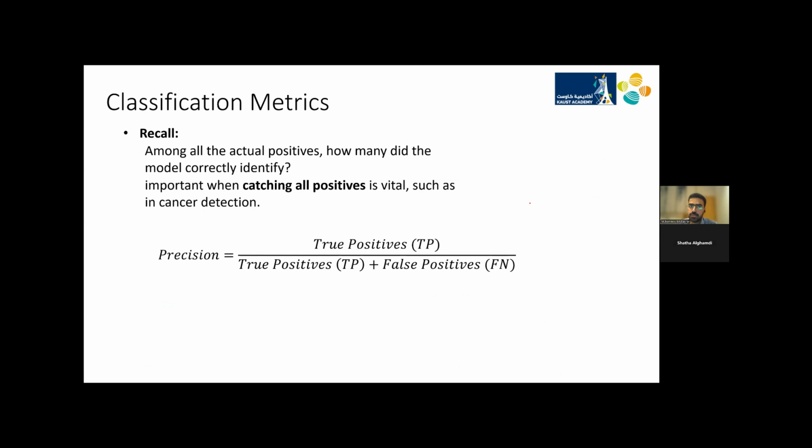But we also care about whether the model was able to capture all the positives. Okay, so in that case, we have something else which is called recall. This should be recall here. And here we just divide true positive by true positive plus false negative. False negatives are the ones where the true label was 1, but the model actually said that it was 0.